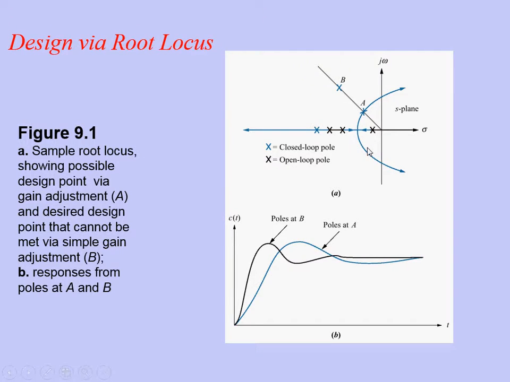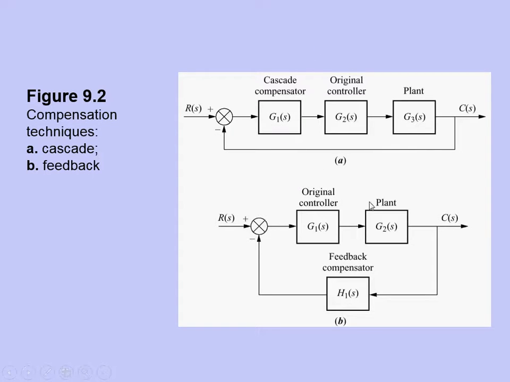Let's say that you have the plant first of all, and then you have a feedback loop here, and then you can have a control system here. We could actually do the simple loop in such a way that the controller is just K.